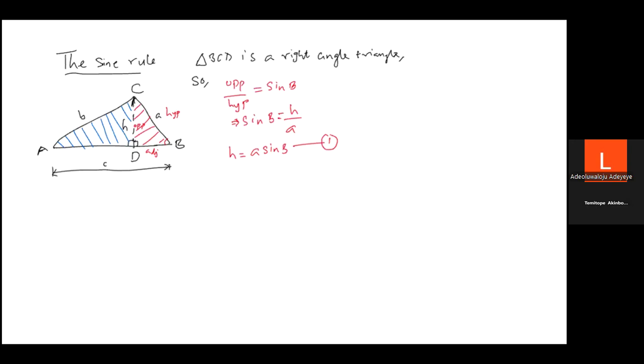So as I was saying, we now want to consider triangle ACD. Similarly, triangle ACD is a right angle triangle.